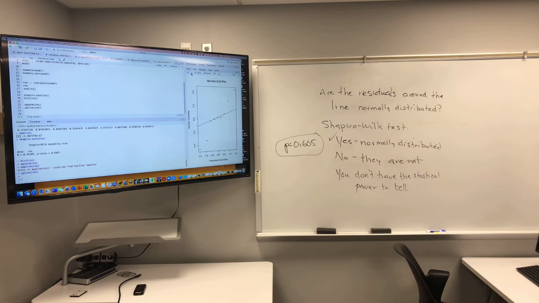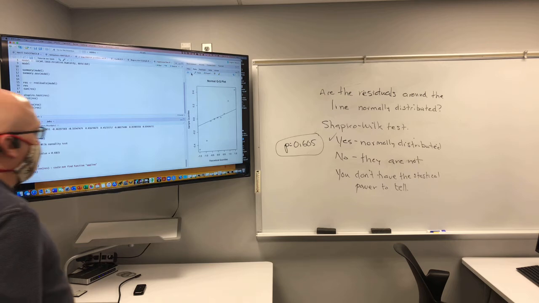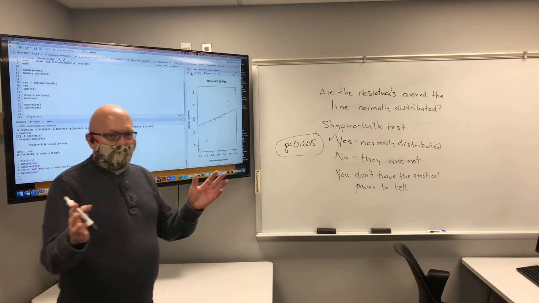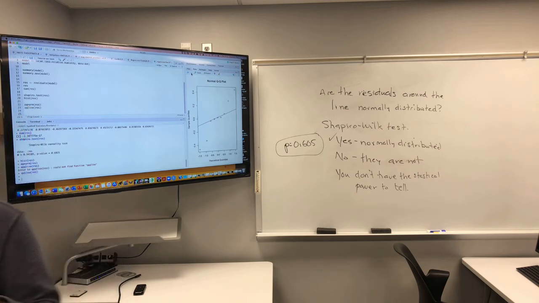What makes these outliers stand out is that all of the data in the middle of the regression are really close to the line. And so it makes any data points that are far away from the line, even if they're only far away relative to the other points, stand out as big outliers. So I'm not going to worry about this too much, but it is something to think about.